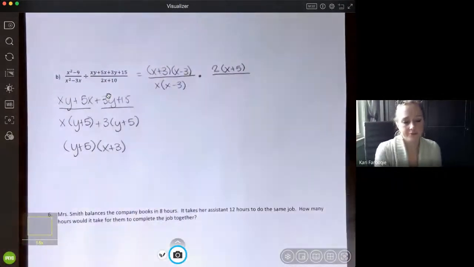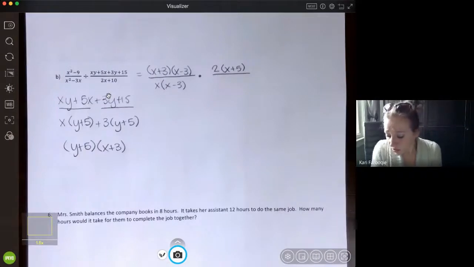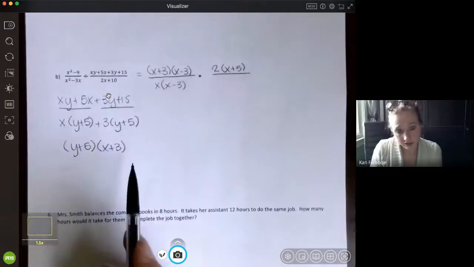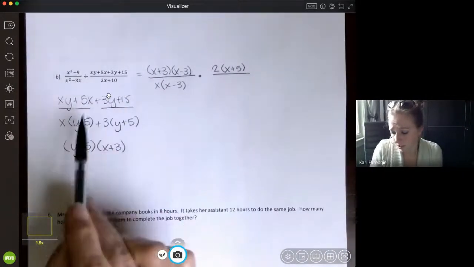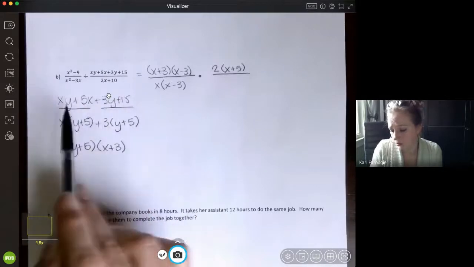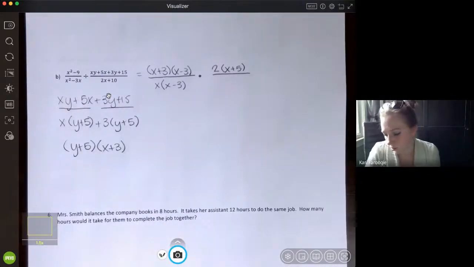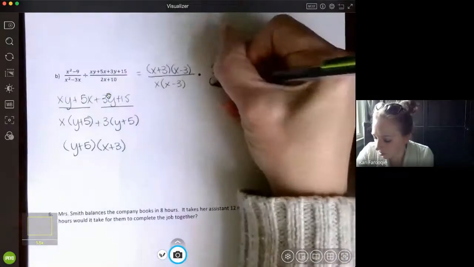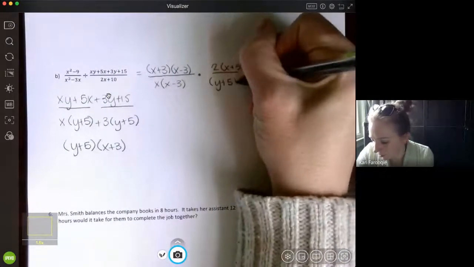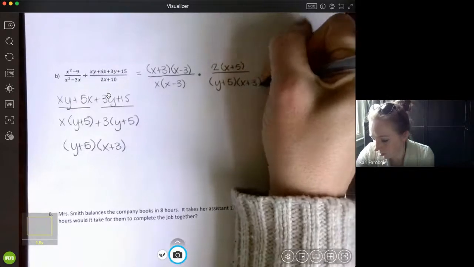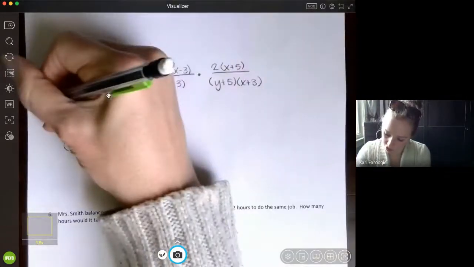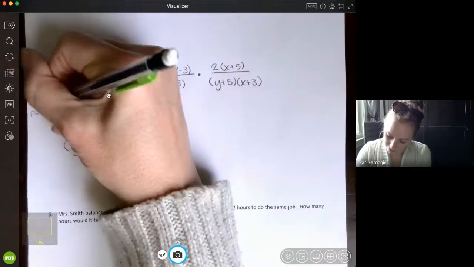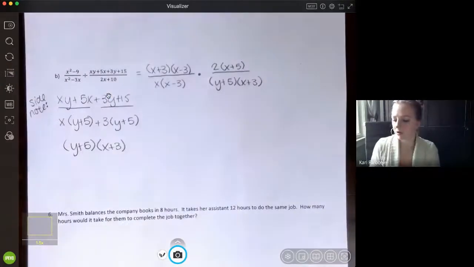Now remember, you can always check this by foiling it back together and verifying that you get back to what you started with, which is xy plus 5x plus 3y plus 15. So I'm going to go ahead and put this now back into the problem. So this is just a side note here for how we factored that by grouping.